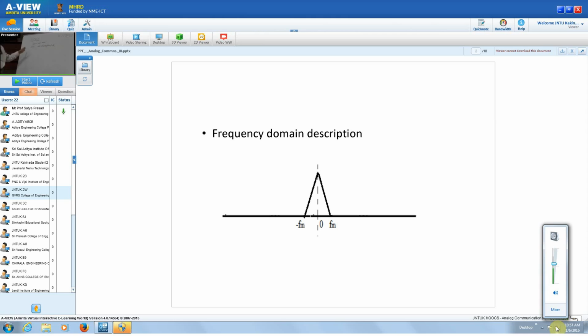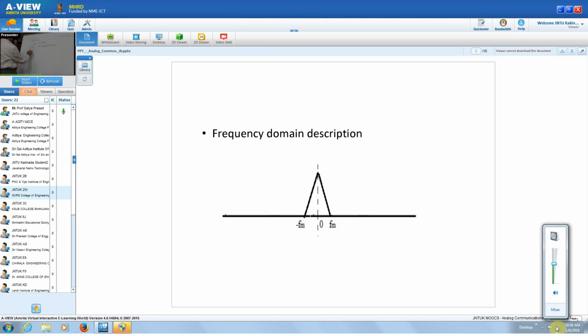If you say that a phase variation is going to be occurring, if phi is 0, then the output is 1 by 2 Ac m of t. So by passing through your low pass filter, the second harmonic of that cos omega ct will be eliminated, and we are going to get back our required baseband signal. But when phi is not equal to 0, what will happen?